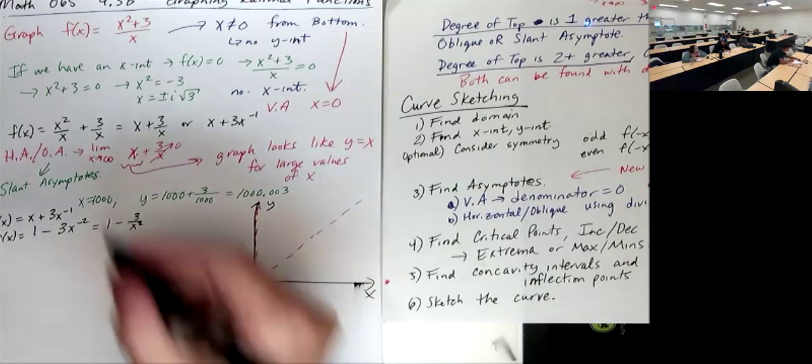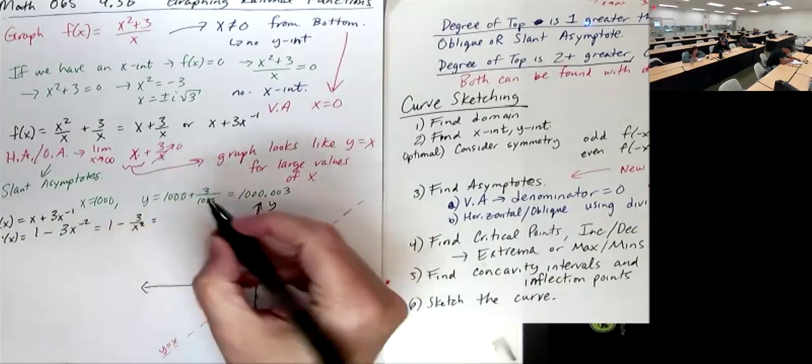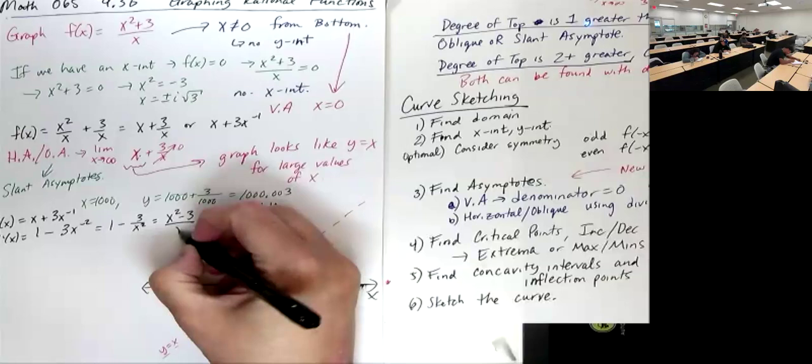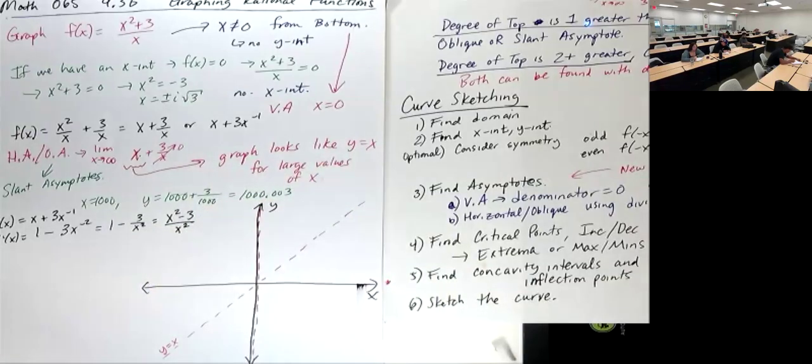I think finding the stuff we want to look for is easier if I get a common denominator of x squared and put it together. That way, when we're doing the critical points, we gotta set this equal to 0, and this is easier if it's one big fraction.